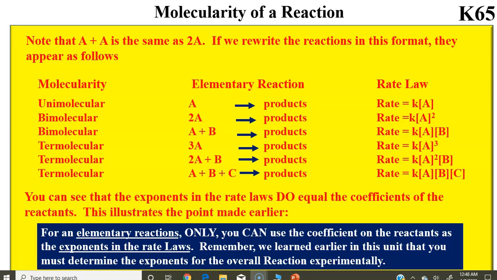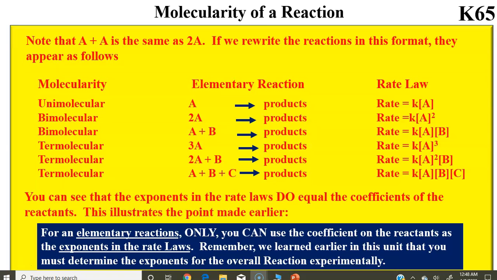Termolecular with two different reactants, 2A plus B, will give you a rate law of K, A squared, B. And if it's termolecular with three different reactants, A, B, and C to products, then that would give you rate equals K, concentration A, concentration B, concentration C.